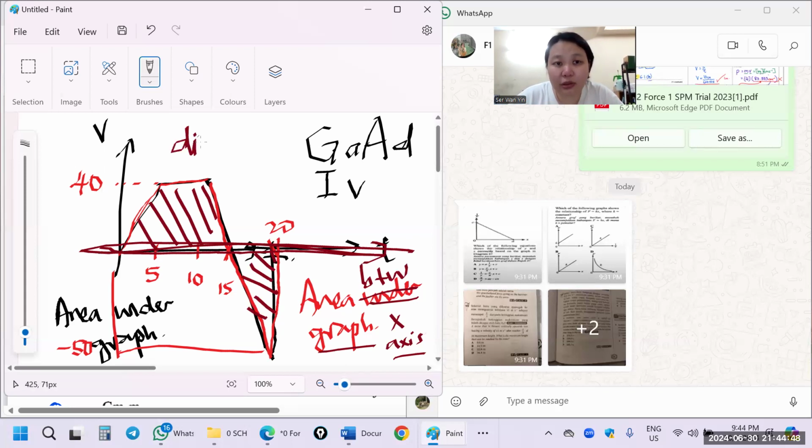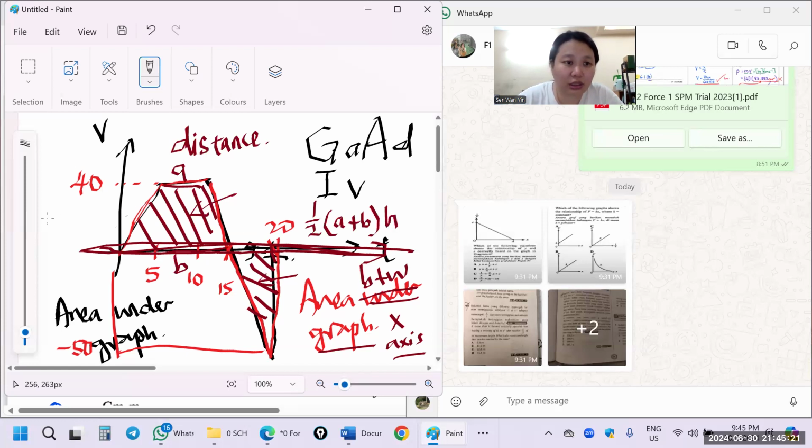So if they ask for distance, no need to count positive, negative. You just find area here plus area here. Okay, the area would be a trapezium. Trapezium is half times sum of parallel sides A plus B. I will say A is the shorter parallel side, B is the longer parallel side, times height.